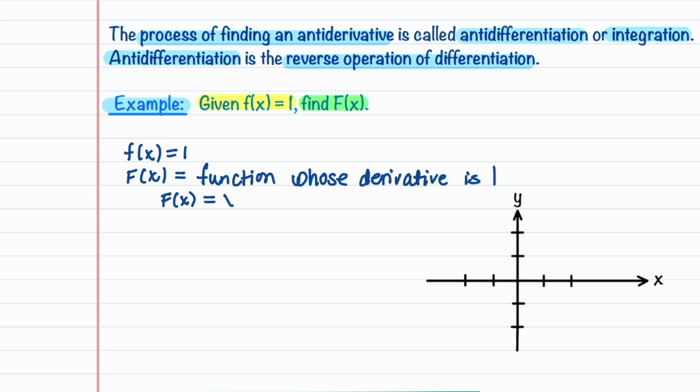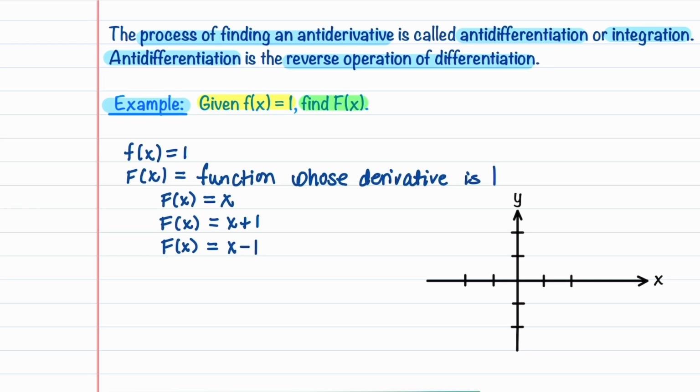can equal x. If we let capital F of x be equal to x plus 1, does its derivative still equal 1? It does. What about capital F of x is equal to x minus 1? That derivative is also equal to 1.